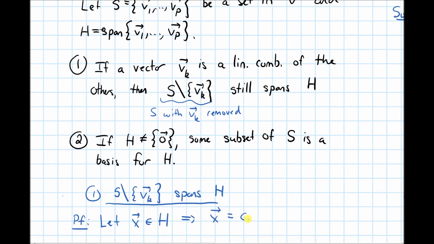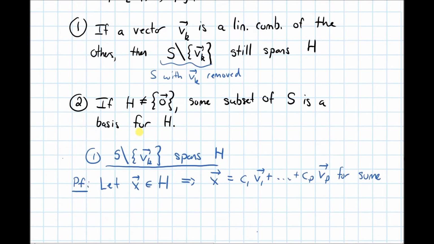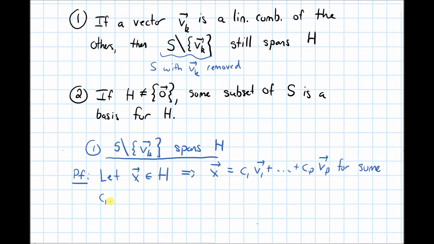So X is c1 times v1 plus ... plus cp times vp, for some scalars c1, ..., cp that are real numbers.